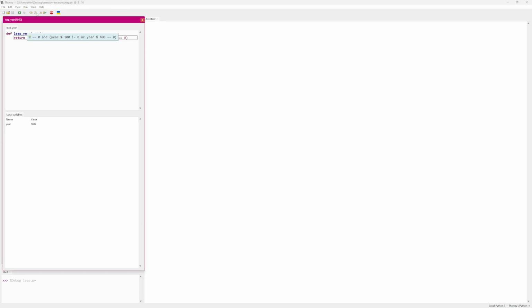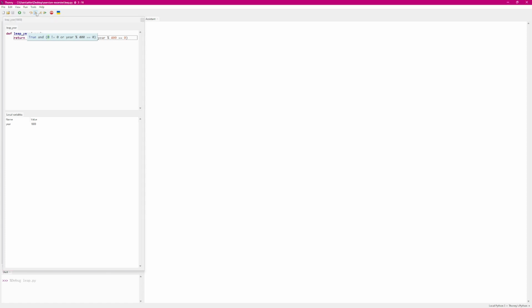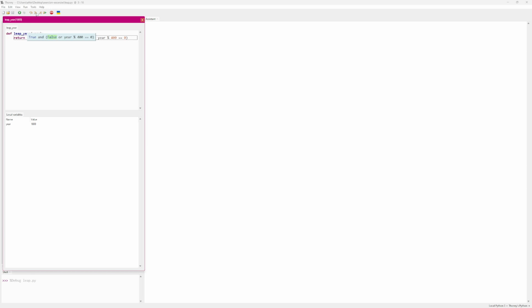I think what it's saying is, since this is true, it has to look at this. No, hold on. 1800 does not equal to 0. Oh. Alright.